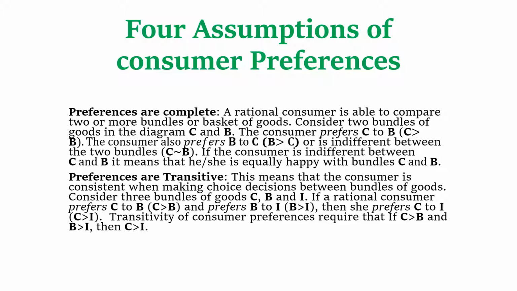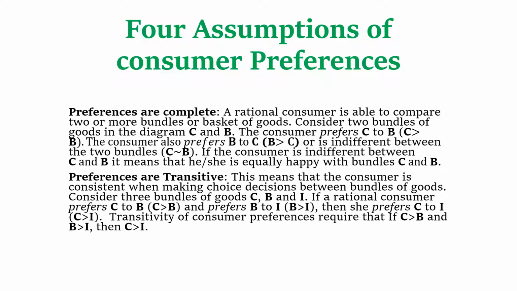That is, the consumer is as well off consuming either C or B. So if the consumer decides to select or choose C or B, it gets the same amount of satisfaction, so much that it's indifferent between the two bundles.